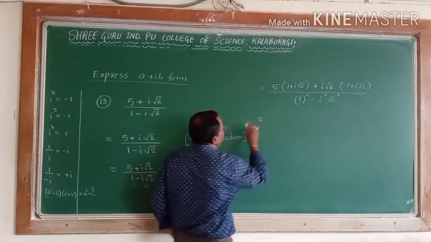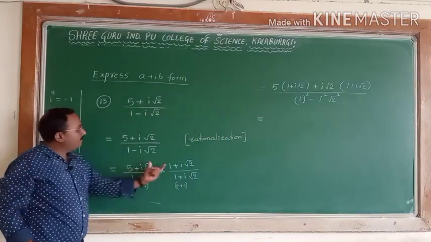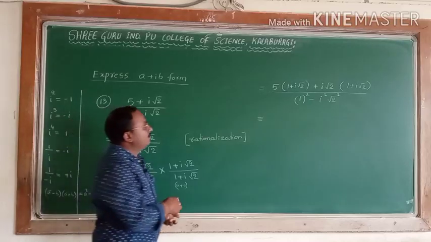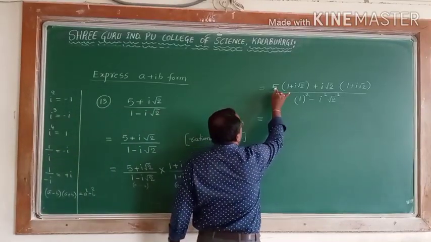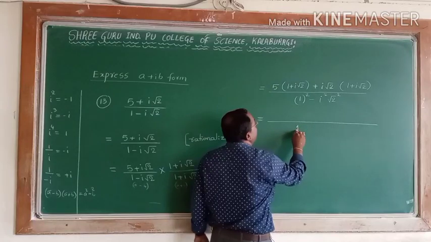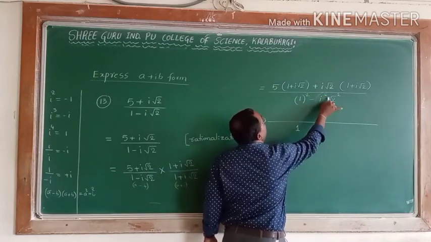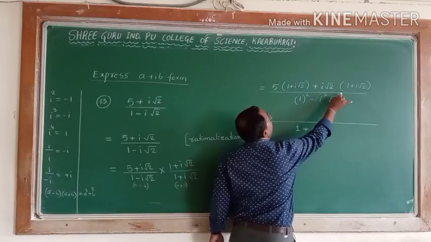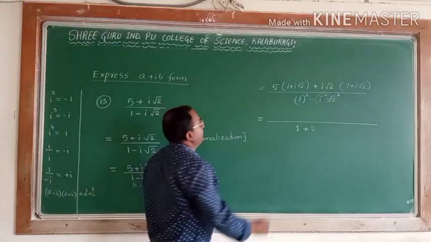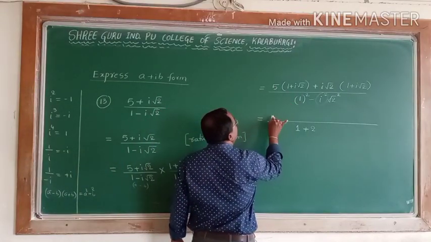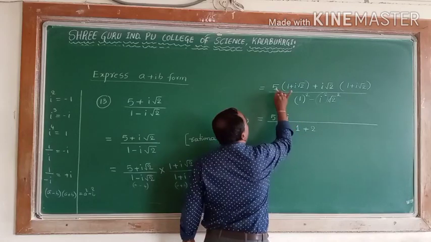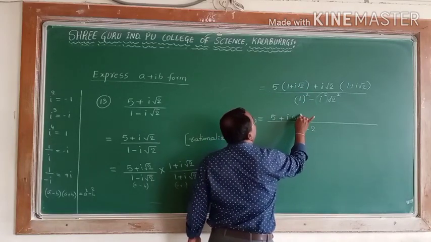Simplify the multiplication. In the denominator, 1 squared is 1, i squared value is minus 1, minus minus plus, and the square and root cancel, giving 2. So 5 into 1 is 5, plus i times 5 root 2.